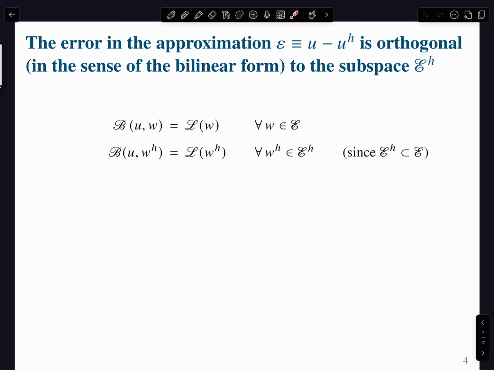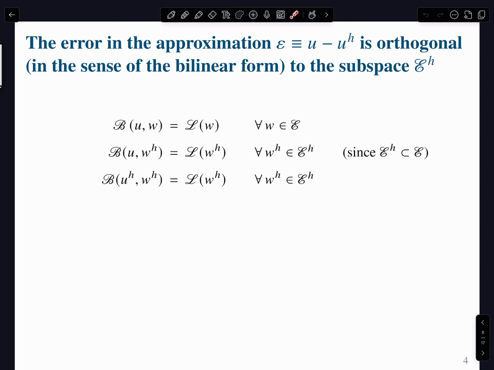Now I'm going to write this second equation where I basically choose only test functions that are in that EH subset, right? So this equation, of course, is valid because this EH is a subspace of E, so of course I can write it that way.